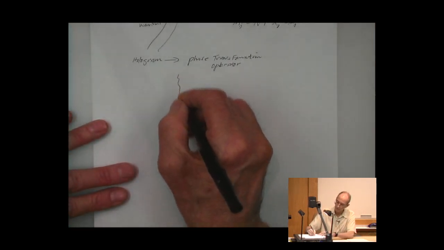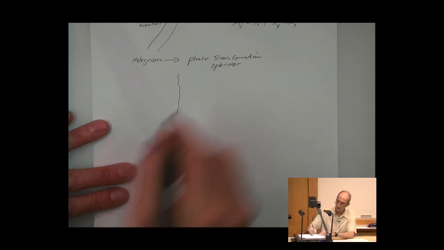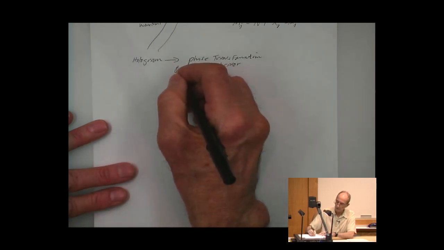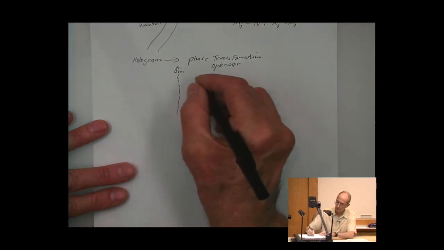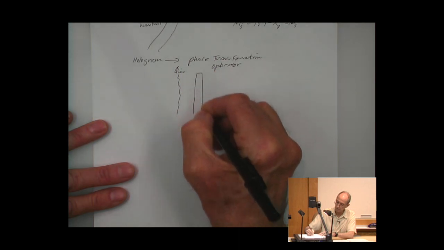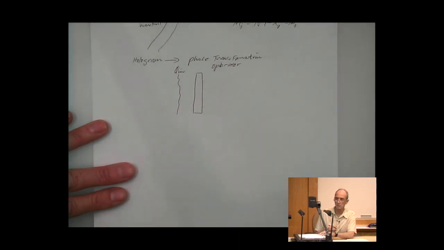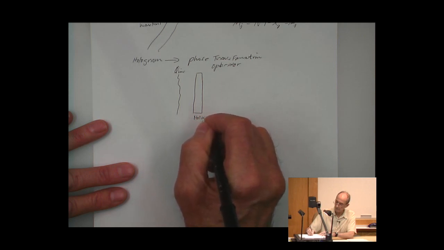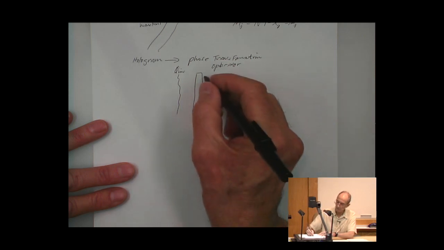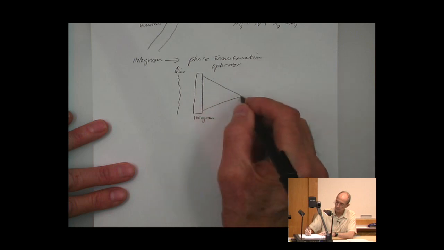Well, again, if we think about what the hologram does, we have some arbitrary incident phase, could be pretty much any form that we have. We then pass it through this operator or filter. So here's our hologram. And then what we can do is whatever we like, right?